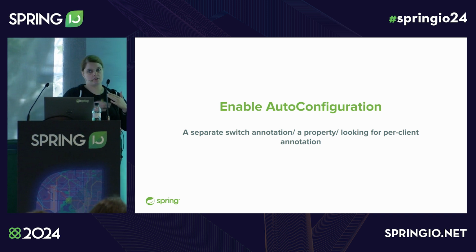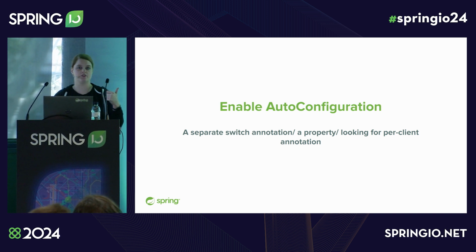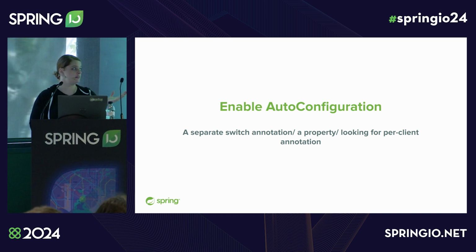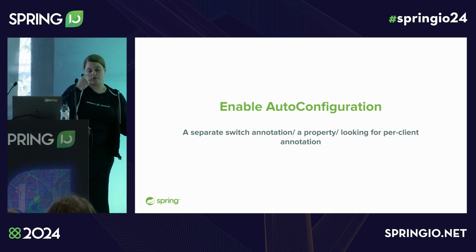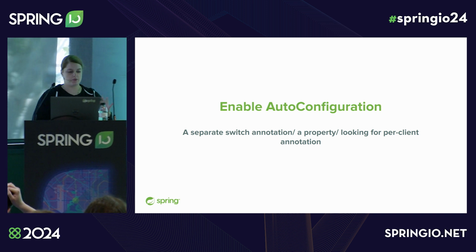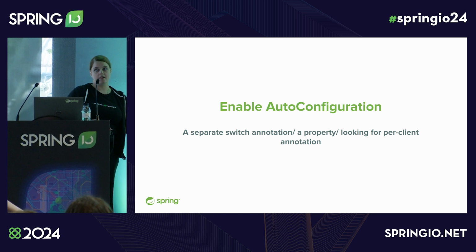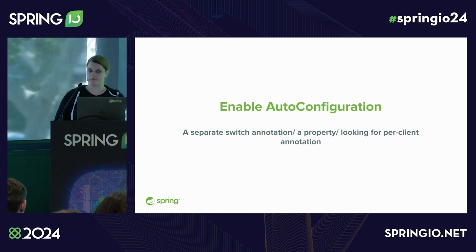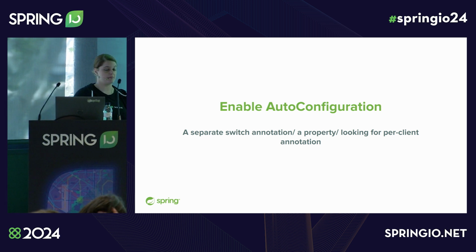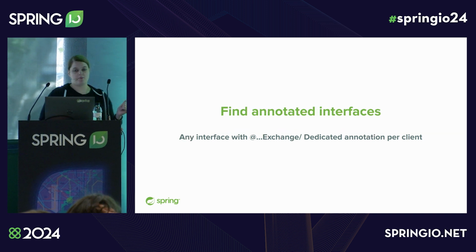And that kind of solution with a separate annotation is nice because it's more fine-grained. So you can tell it, OK, scan this, but don't scan that. So I want this client, but not the other one. You can pass some additional configuration. But it's another annotation. Maybe it's enough to have a property. That's something to think about.